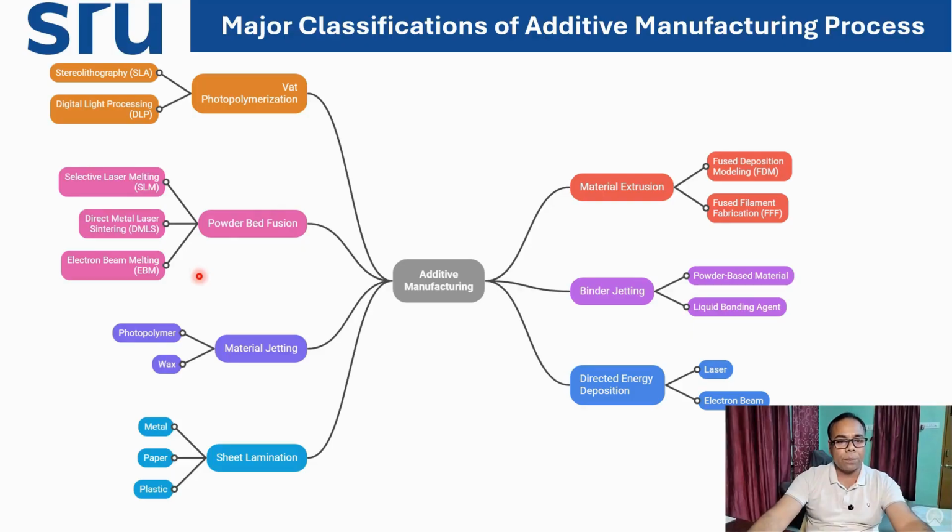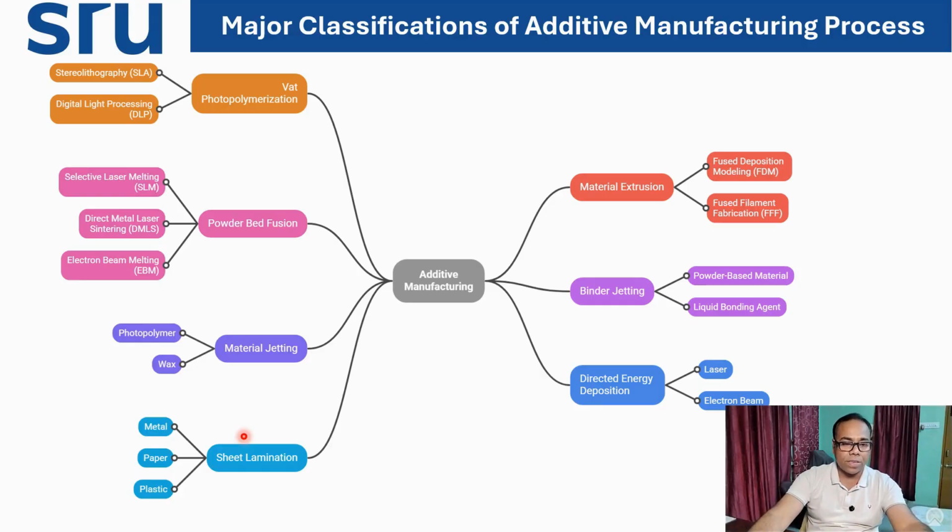Now coming to the material jetting process, it is also further divided into the photopolymer material jetting process and the wax jetting process. Similarly, the sheet lamination process is also divided into different categories, like lamination of metal sheet, or making a product from metal sheet, paper sheet, or plastic sheet.